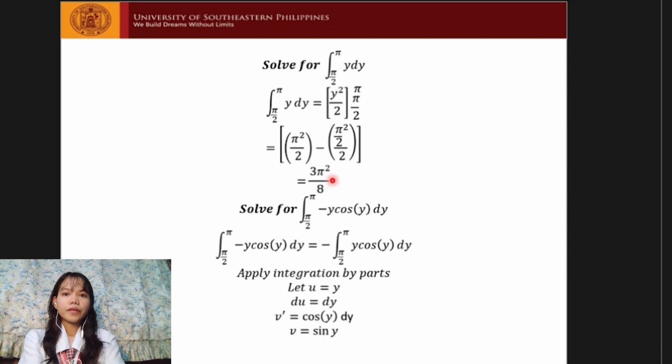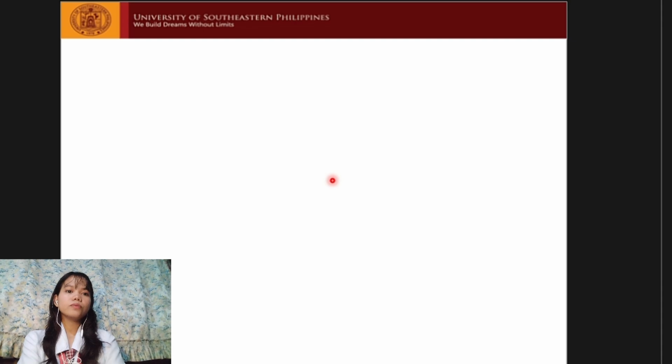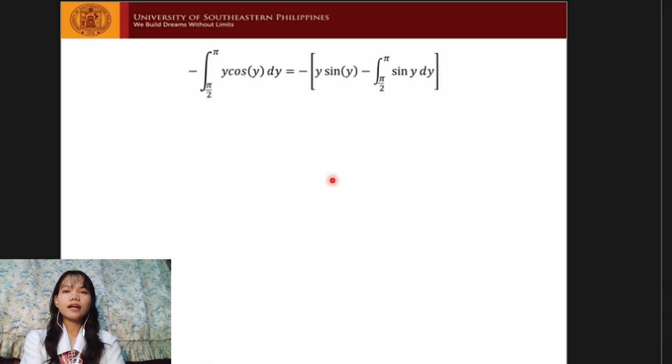By applying integration, what we have for v is the sine of y. So, since we have u, v, du, what we have right now is the negative of y multiplied by sine of y minus the integral of sine of y dy ranging from pi over 2 until pi.